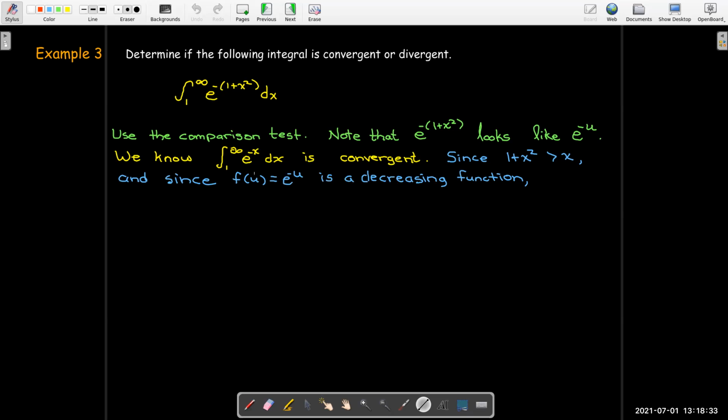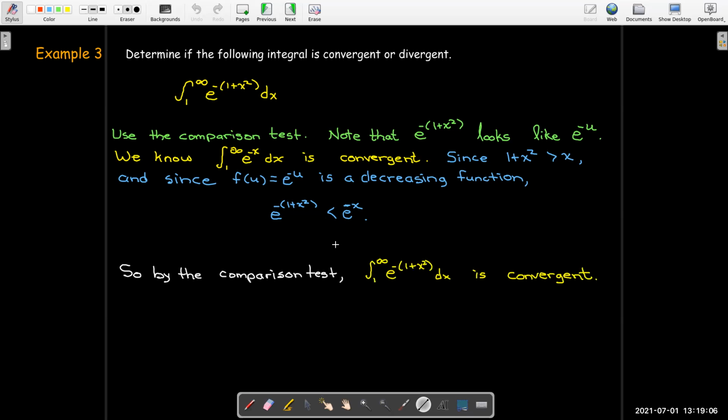And this function, e to the power of -u, think about the hockey stick, where the handle of the hockey stick is on the negative side or the left side of the y-axis, and it just decreases as u gets larger. So since I have a larger exponent, then I can say that e to the power of -(1 plus x squared) is smaller than e to the -x. So my inequality goes the right way.